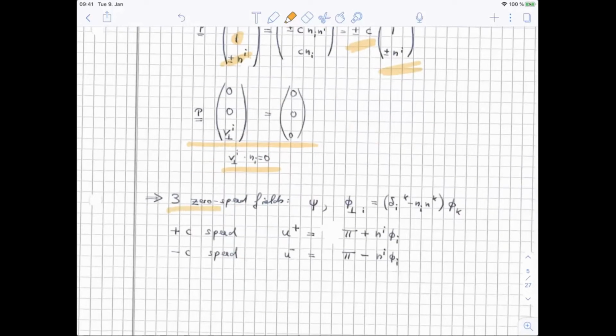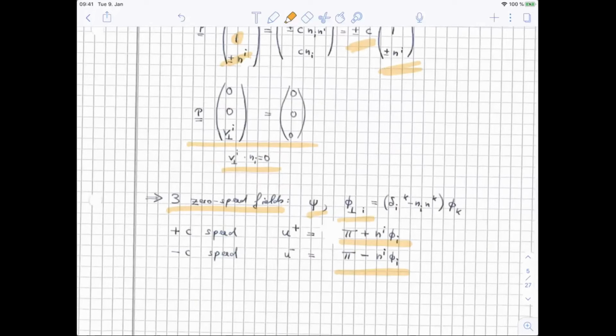3 of them are zero speed fields: psi itself, and the phi orthogonal, the gradients of psi orthogonal to the propagation direction. And there's one mode moving at the velocity of plus c, and one field propagating at a velocity of minus c.